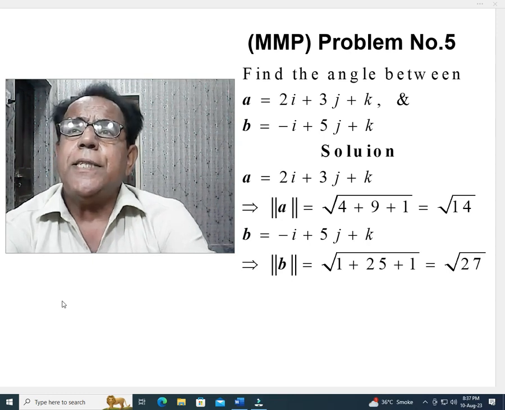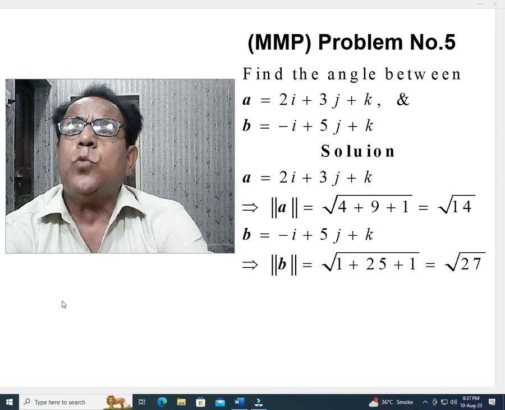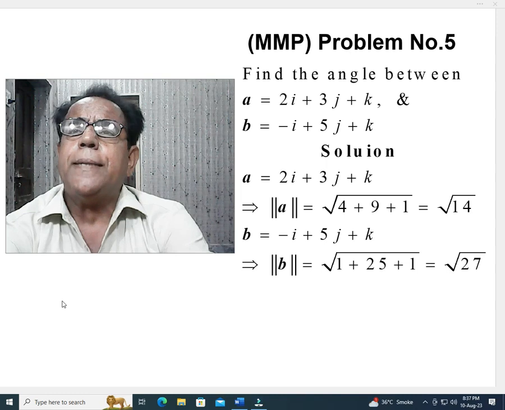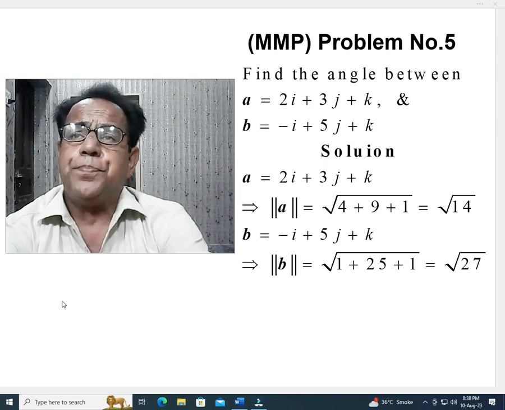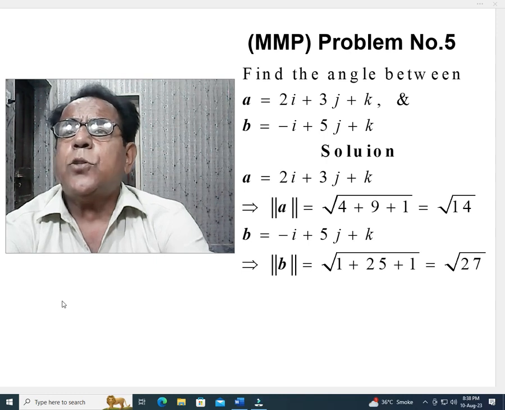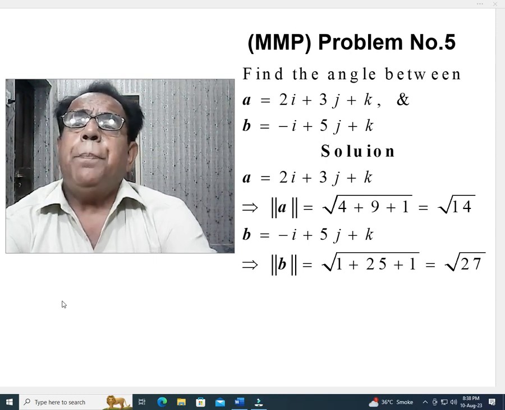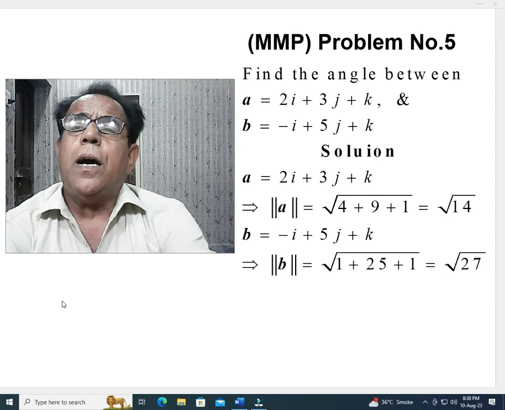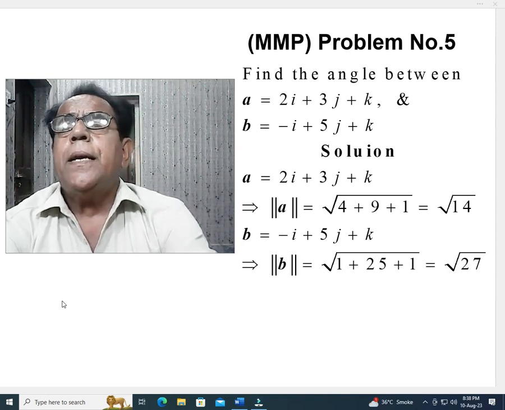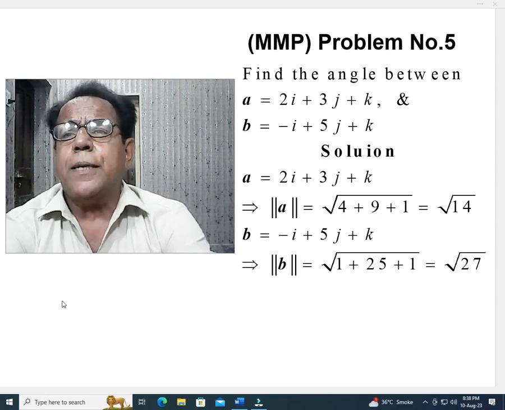Mathematical methods in physics, problem number 5. Find the angle between A equal to 2i plus 3j plus k and B equal to minus i plus 5j plus k. Solution: A equal to this, so the magnitude of A, or absolute value of A within 2 bars.